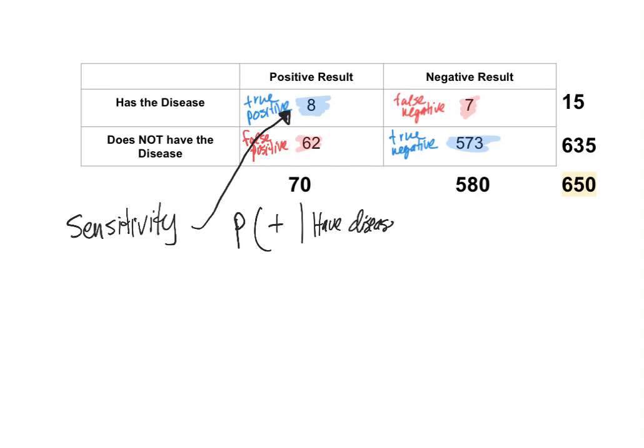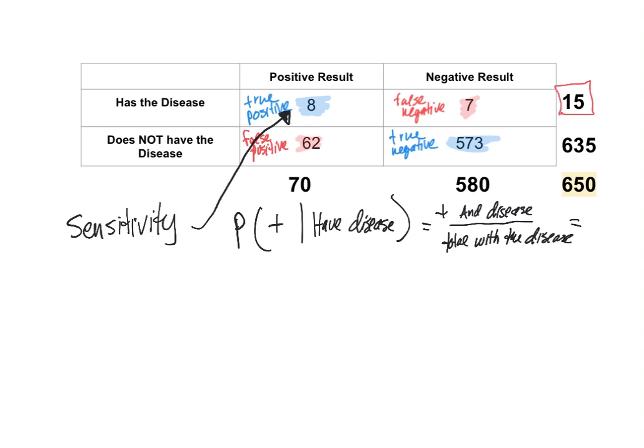So out of all of those who have the disease, how many of them are going to test positive? Now we know as a fraction, this is going to be the total with the disease. And up top, we have a positive result and they have the disease. So what we see in this situation is that there are 15 total people who have the disease.